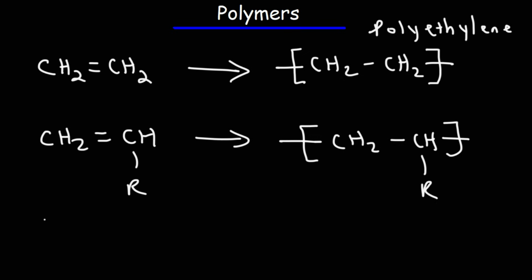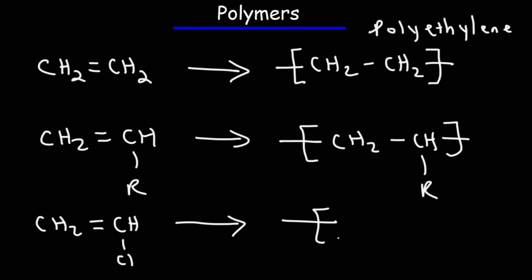So here's an example for you. Draw the repeating unit of vinyl chloride. So during polymerization, vinyl chloride will become PVC.